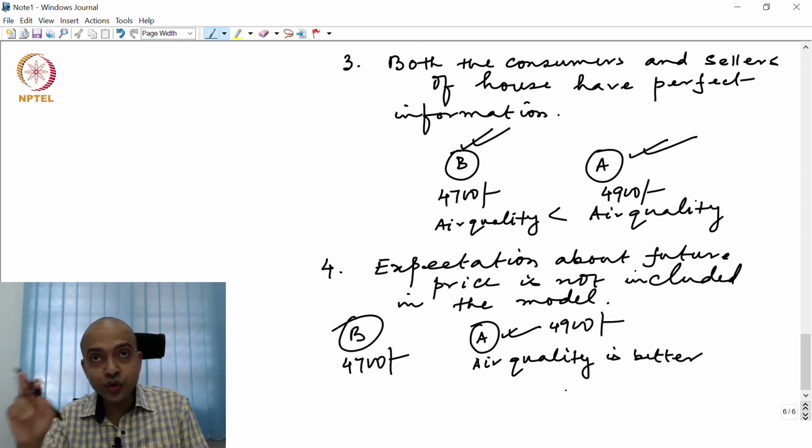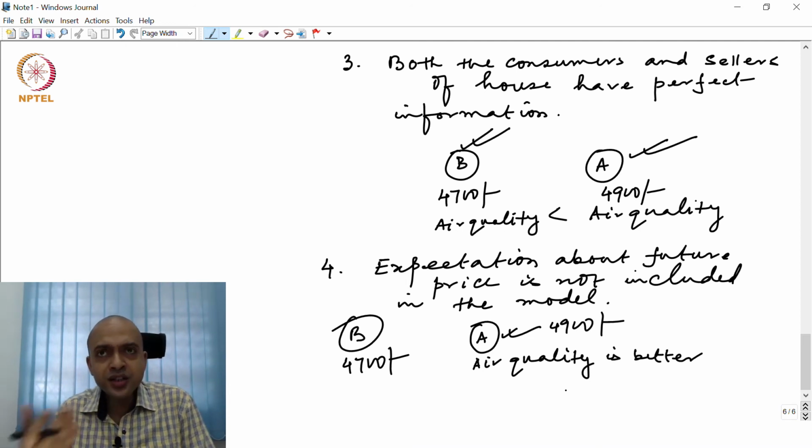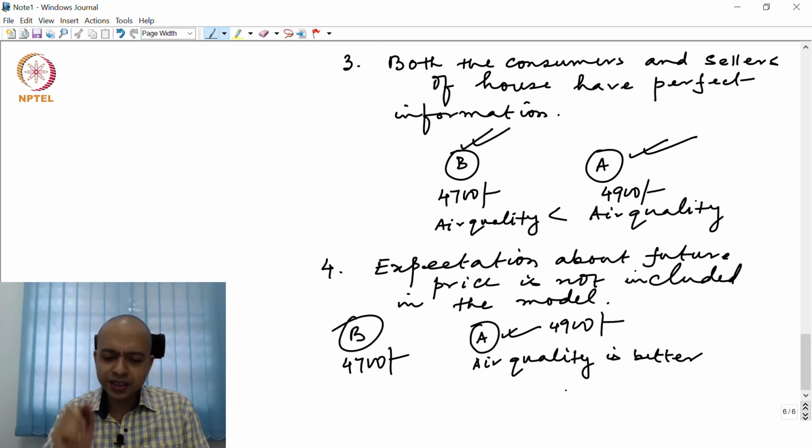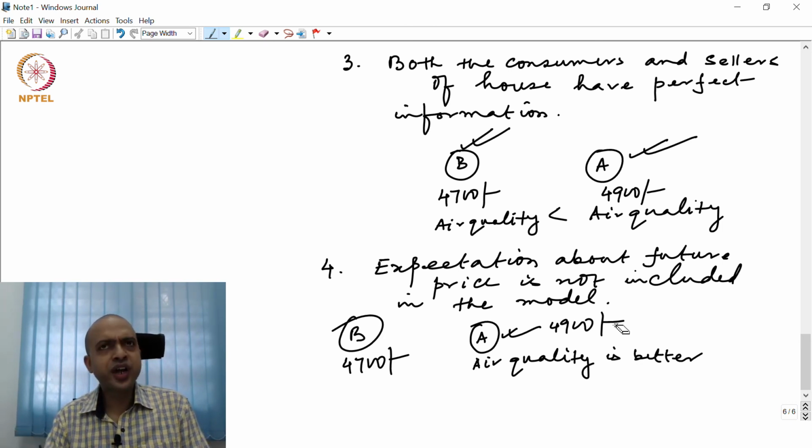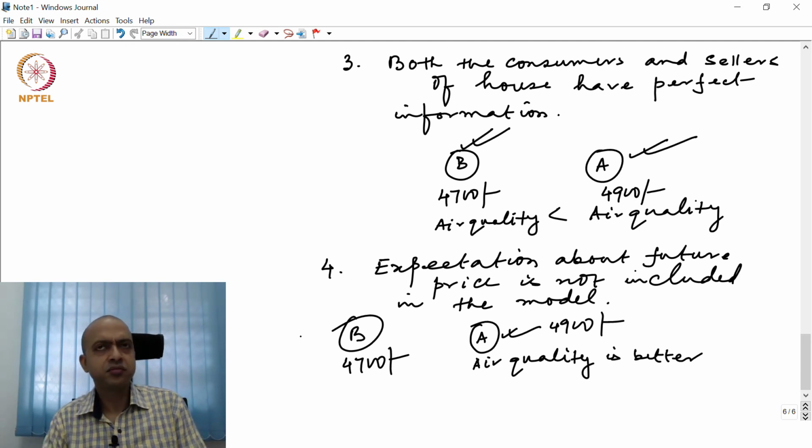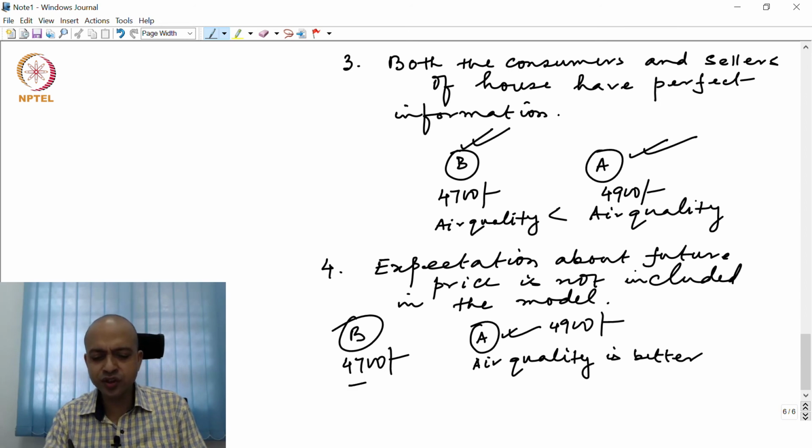Then I need to go to each and every individual and ask them, okay, Mr. X, I see that you have purchased a house in locality A and paid 4,900, whereas a similar type of house is available in locality B at 4,700. Why did you pay this 2,200 rupees extra? Is it because of the air quality, or did you have anything else in your mind?